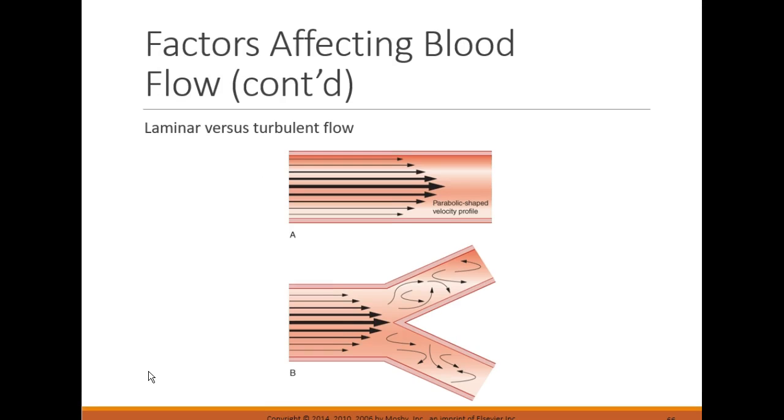Turbulent flow is going to cause a sound. Sometimes when you think about heart murmurs, they're basically the sound because of turbulence. So if you have somebody that has a flow murmur, which is a very common occurrence, it's a nothing type thing, you're just hearing the disturbance of the blood going through the heart.